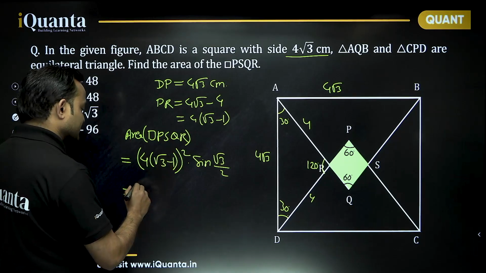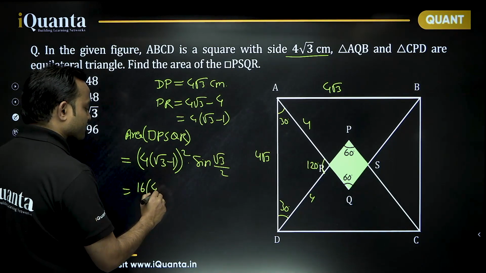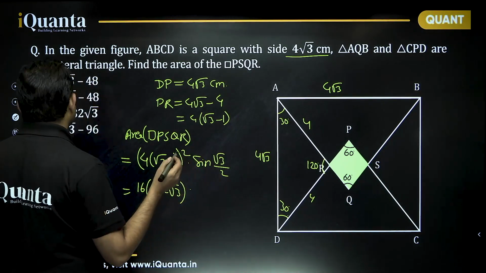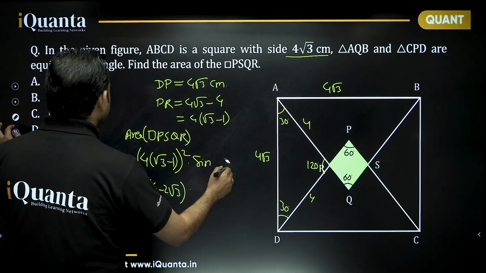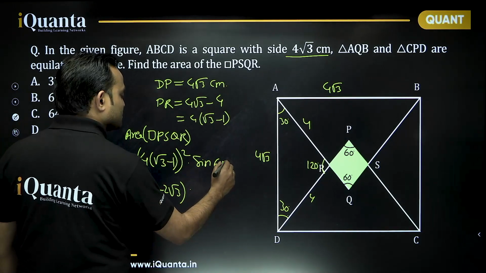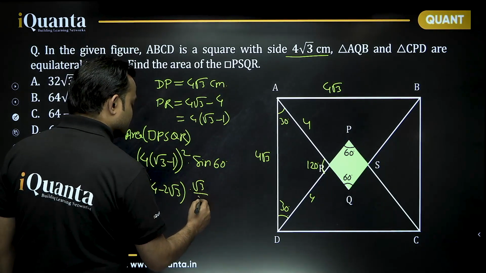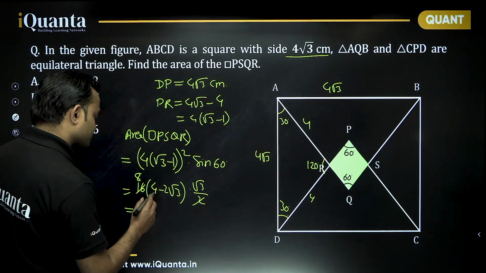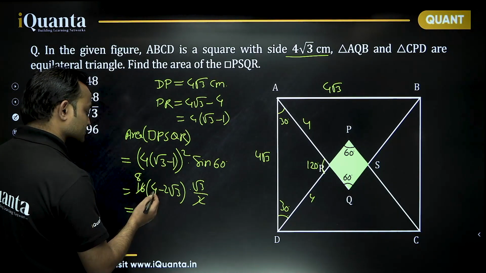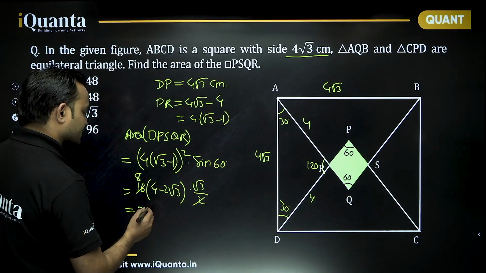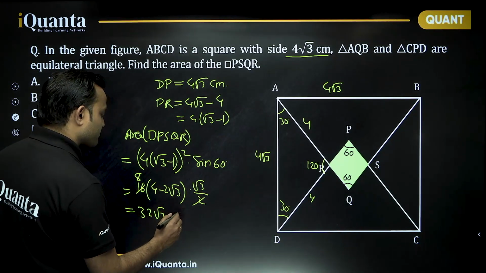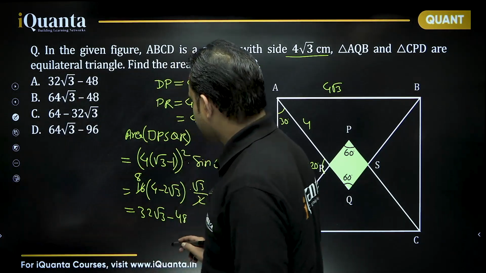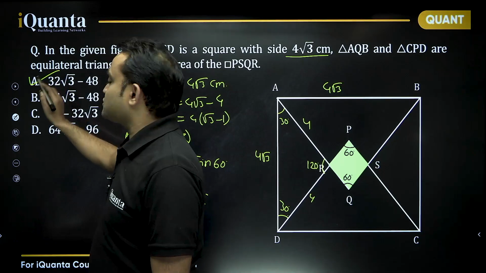So 4 square is 16, 3 plus 1 is 4 minus 2 root 3, into sine 60 degree, which is root 3 by 2. So let's put root 3 by 2, this will become 8, which gives us 8 into 4, 24, 32 root 3 minus 48. So our answer is 32 root 3 minus 48, which is option A.